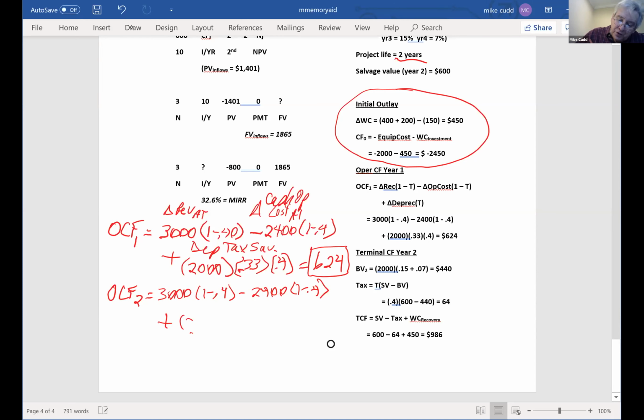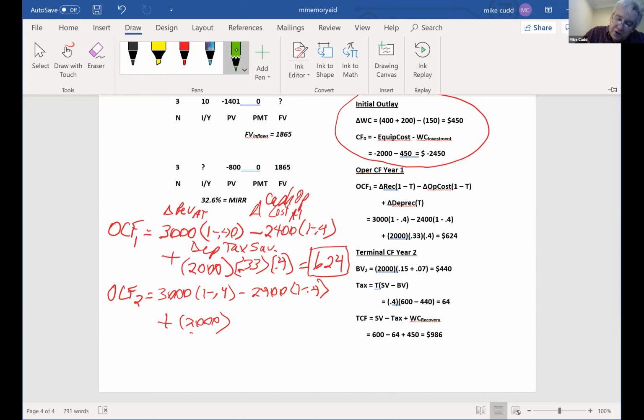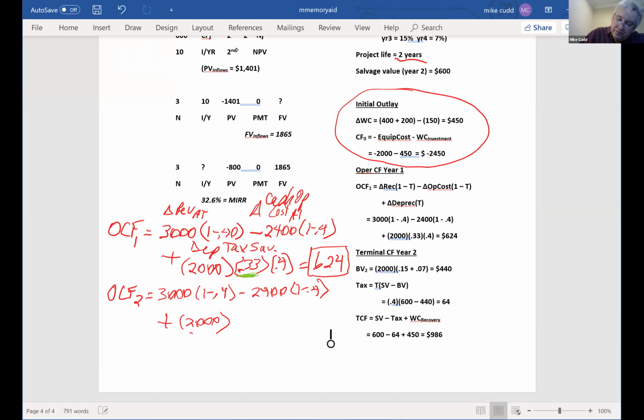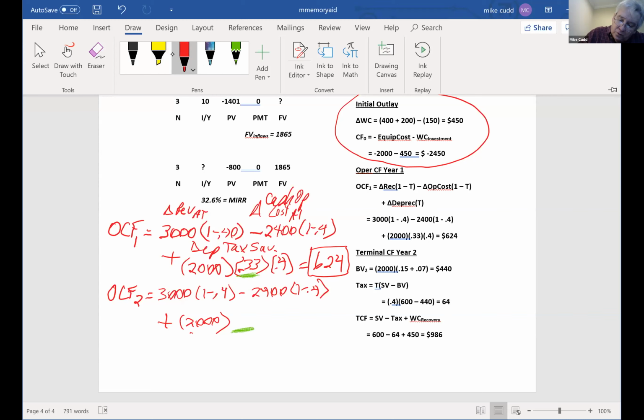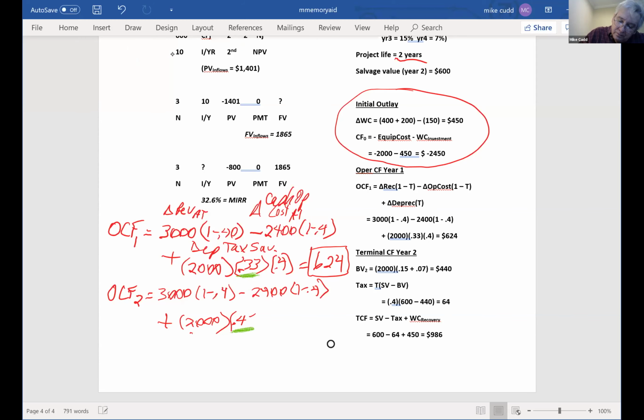And we still have depreciation tax savings only, and in year two, instead of 33%, we have 45%. So the operating cash flow in year two should be $720 is what I'm getting.